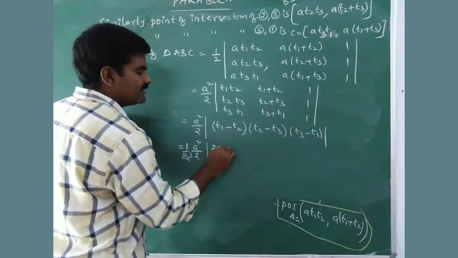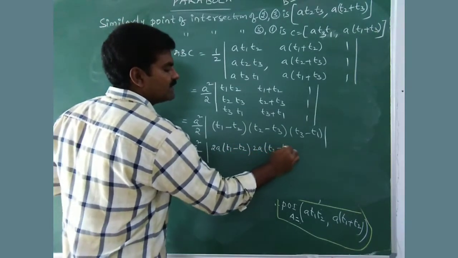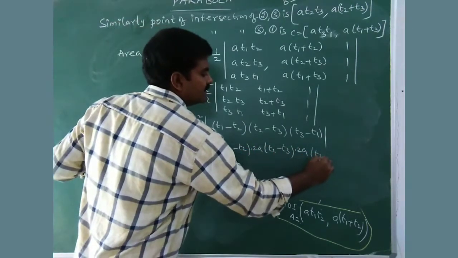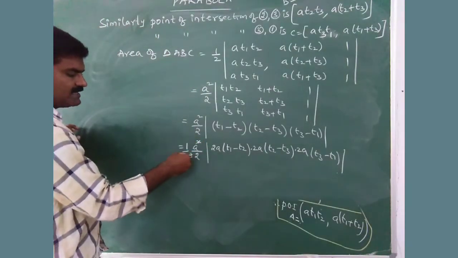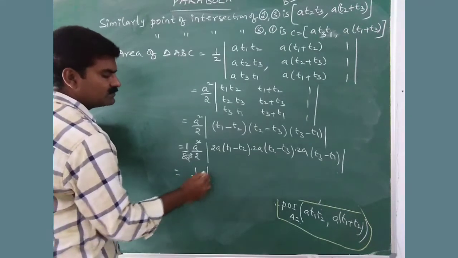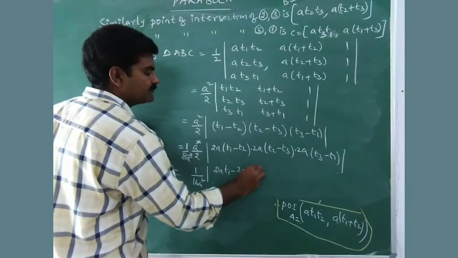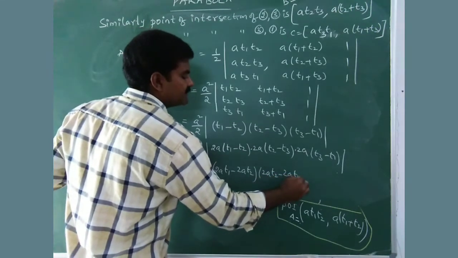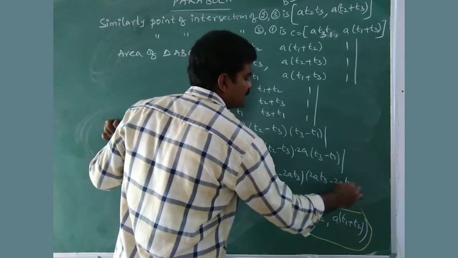That is what we can write as 2a(t1 - t2), again 2a(t2 - t3), again 2a(t3 - t1). Now one of the a gets cancelled, hence this is 1 by 16a square into (2a t1 - 2a t2)(2a t2 - 2a t3)(2a t3 - 2a t1).